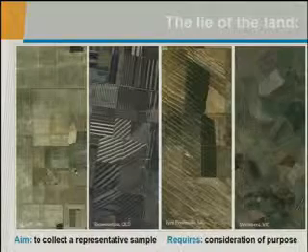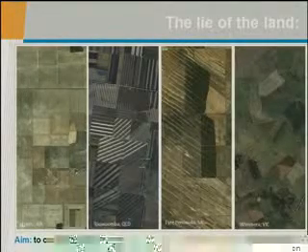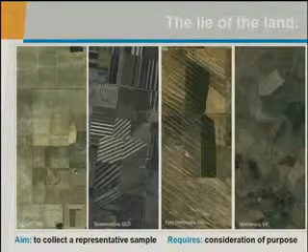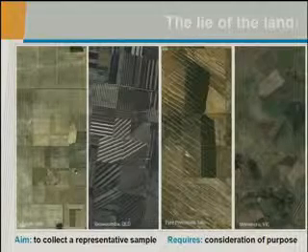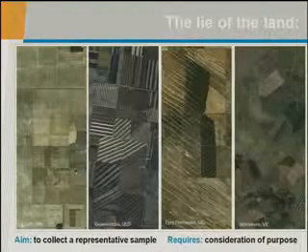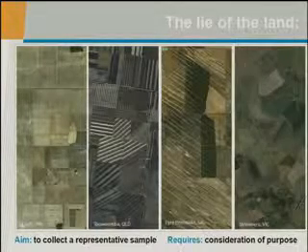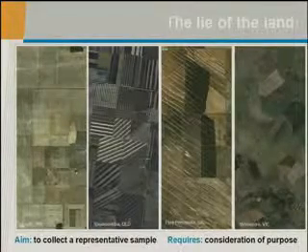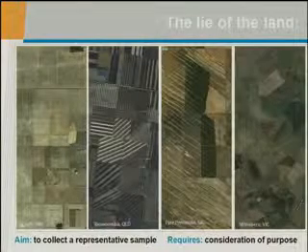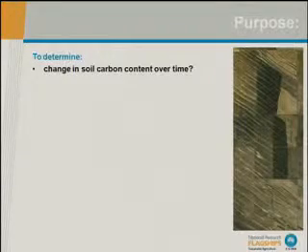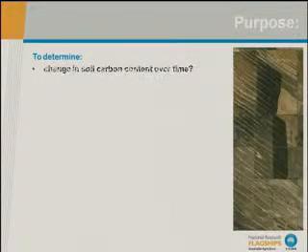So we need to consider what we're sampling. Our aim is to collect a representative sample of whatever we have decided. But in order to define a representative sample, we need to carefully consider what our purpose is and what our spatial context is. So just taking a closer look at purpose, are we looking to determine change in soil carbon content over time? Well, to me, that's not nearly specific enough.